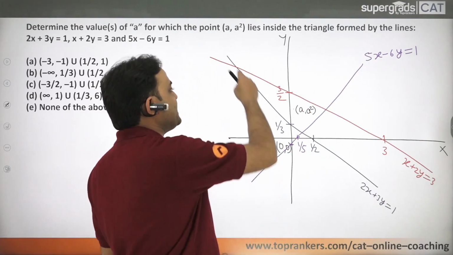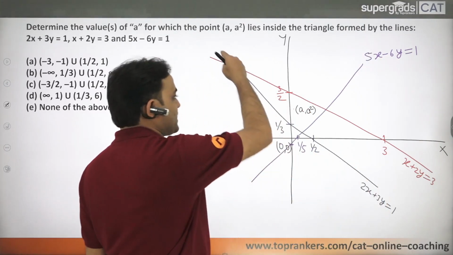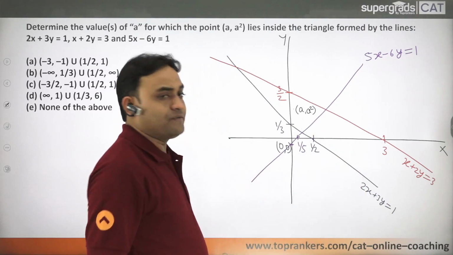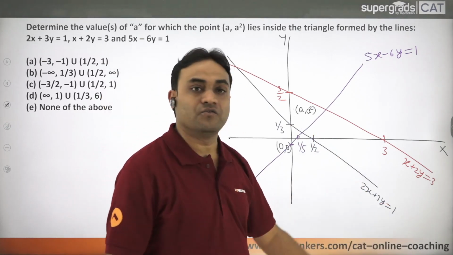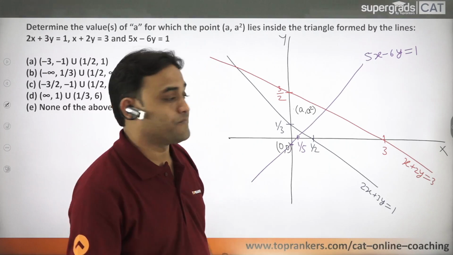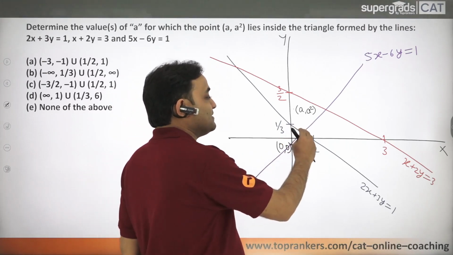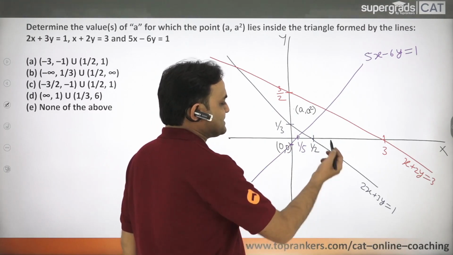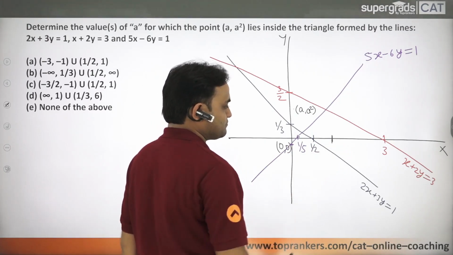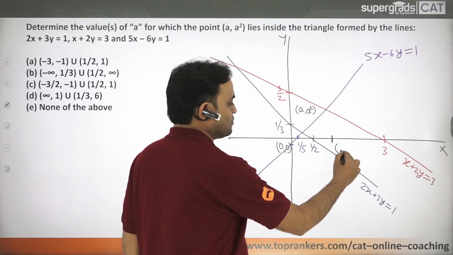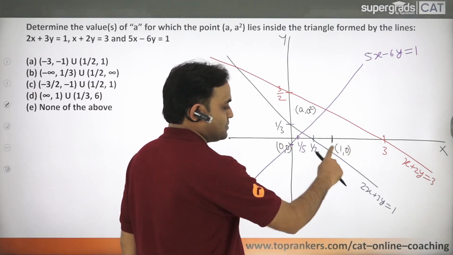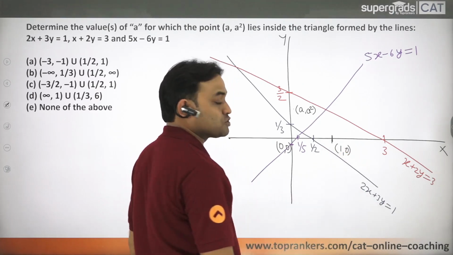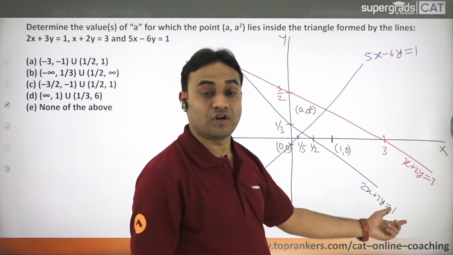If I take any point on this line and put the x and y values here, we get 1. But what if I take any point on this side or this side? For example, if I take a point here, this point is 1, 0. What will happen in that case? 1, 0 will give us 2, so it will be more than 1.